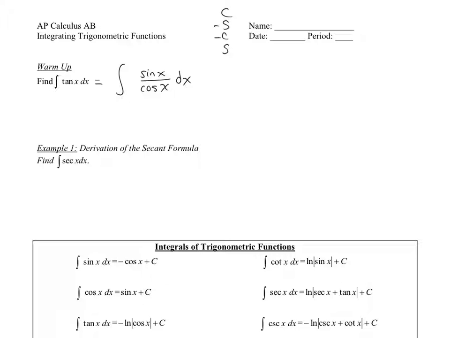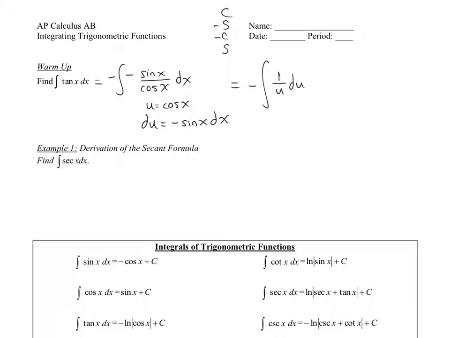So I'm going to write it as the negative. This way I can choose my u to be cosine of x, negative being a positive, so I haven't changed anything. When I take my derivative, I get the negative sine of x dx. So that allows me to rewrite this as a negative 1 over u du.